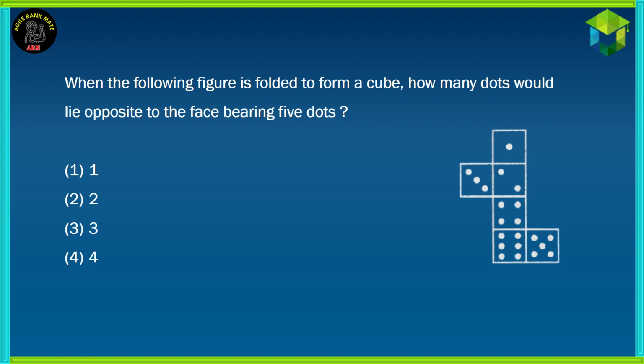Now, a trick for this is that every alternate tile in a straight line is on the opposite side of the cube. For example, if we take this and this, they would be opposite sides of a cube. For example, if we imagine 2 as the base and 1 is being folded up, and this thing is being folded up, and this would also be folding up on the other side, we get that 1 and 4 would be opposites.